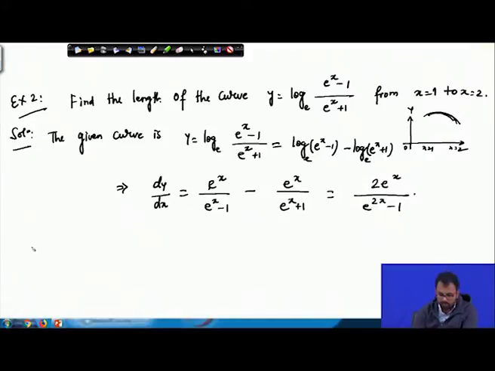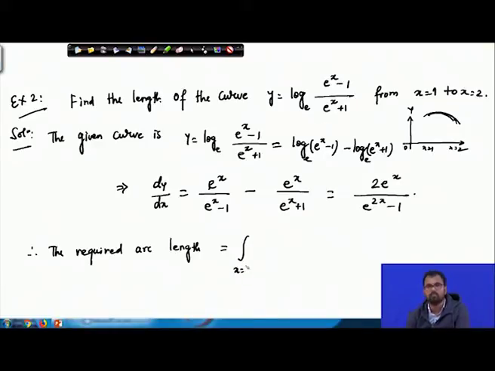Now, the required arc length. So, this will be from our known formula. We have y equals f of x type situation, and if we have y equals f of x type situation, then the arc length is x running from a to b.